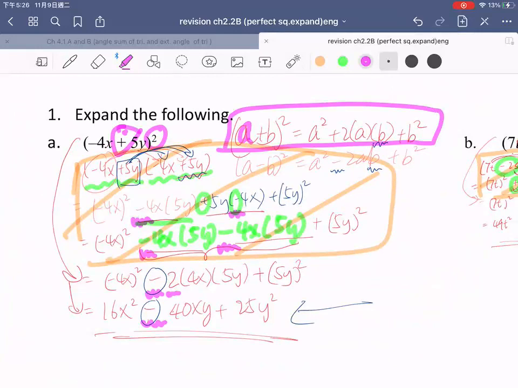Or in fact, this case is a special case. We'll talk about a simple case in the Chinese version. And this one, because 4x is a negative sign, so this one becomes negative.